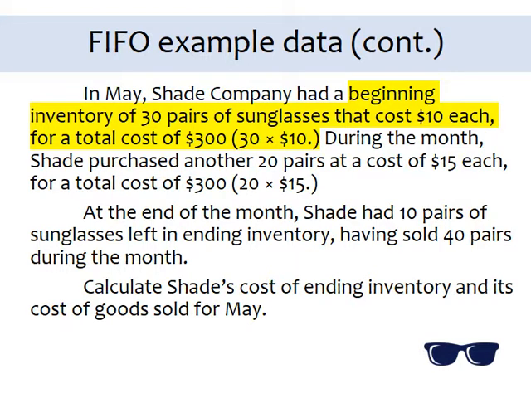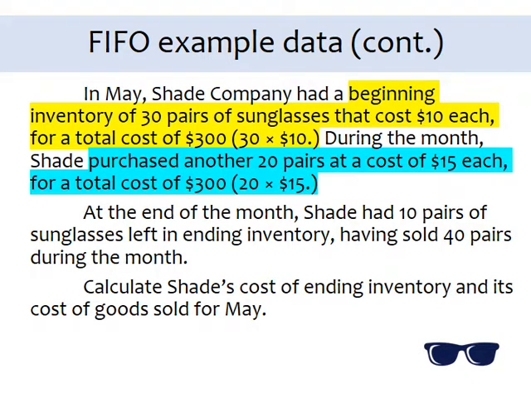I am going to highlight the critical pieces of information in that data set now. First, we see that beginning inventory consisted of 30 pairs of sunglasses that cost $10 each for a total cost of $300. Next, the company purchased another 20 pairs at a cost of $15 each for a total cost of $300.